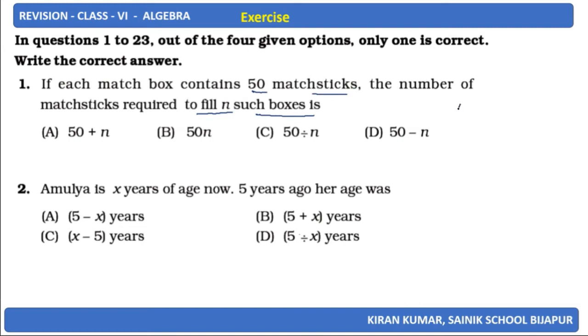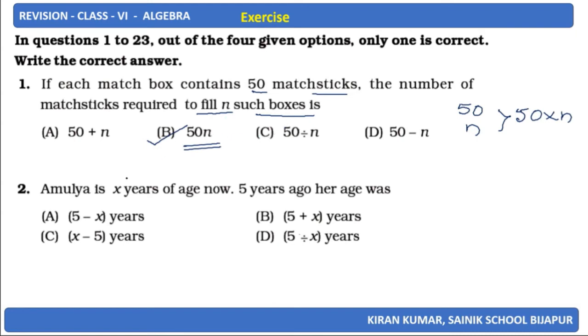Here 50 is the number of matchsticks in a box. If n number of boxes are there, then the number of matchsticks will be 50 times n, which is 50n. This verifies that option B is the right answer.